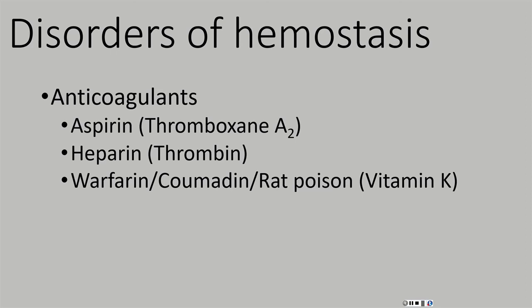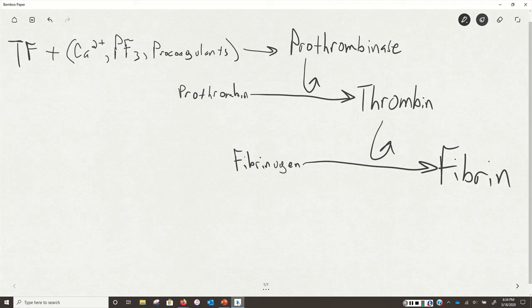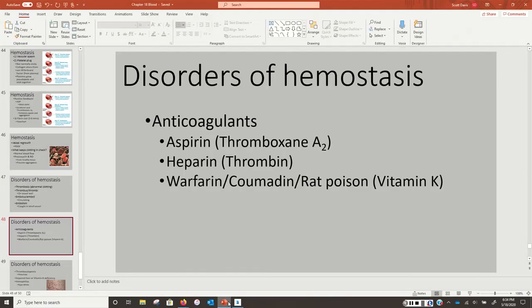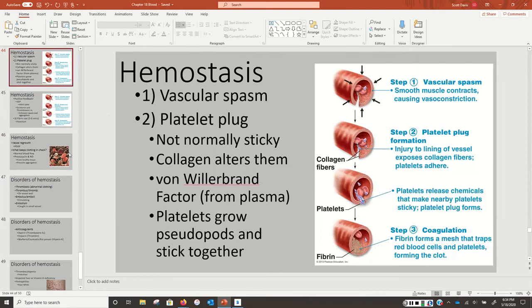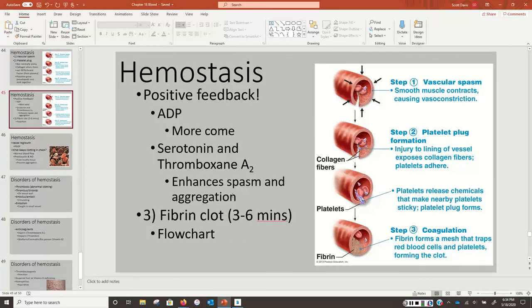So let's go back again. Thromboxane A2, oh, that was not on here, I'm sorry. Thromboxane A2 is what caused the platelet aggregation. So if we prevent thromboxane A2, we don't get the platelet aggregation, so that platelet plug is reduced.